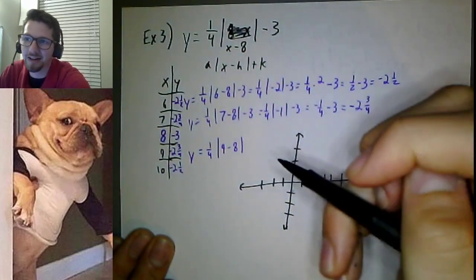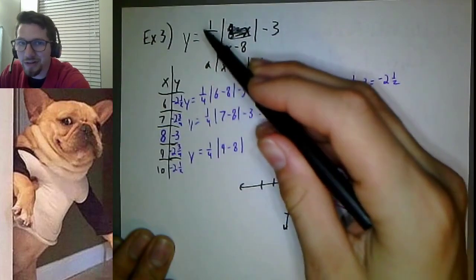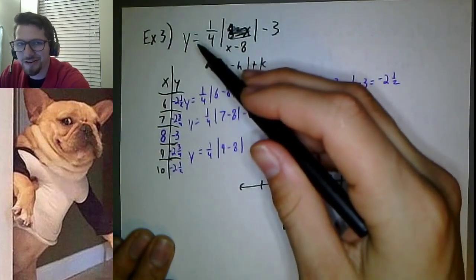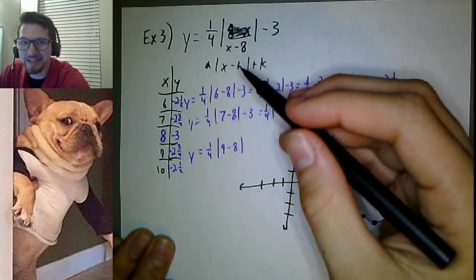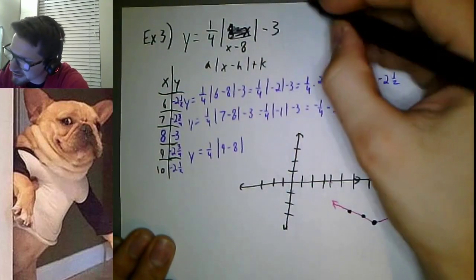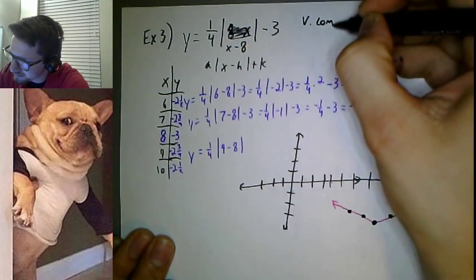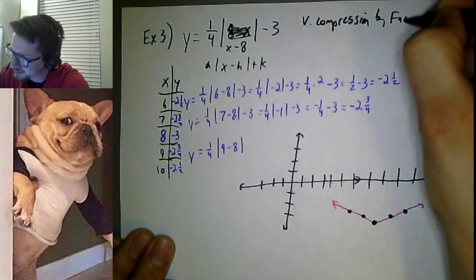That was a very often missed question. So if it's less than 1, I've talked about this every lesson so far this week. If it's less than 1, then it's going to be a compression. It's a fraction, so that's less than 1. So here we have a vertical compression by a factor of 1/4.